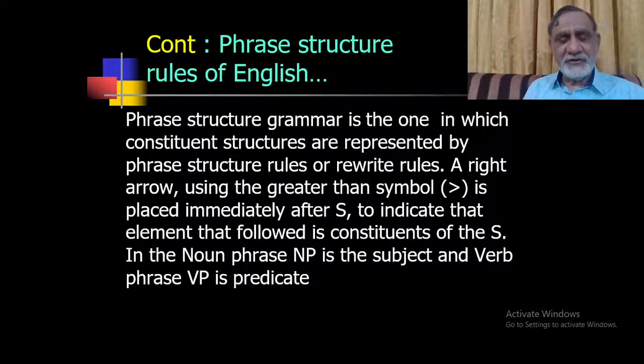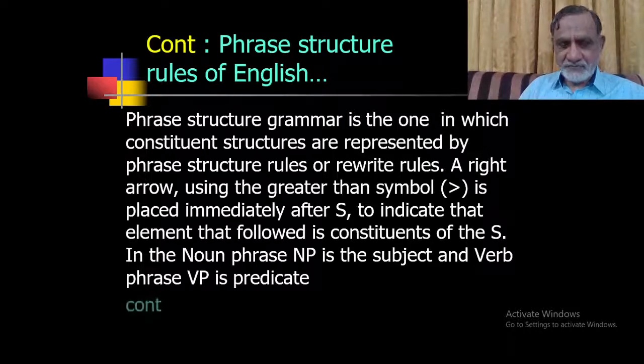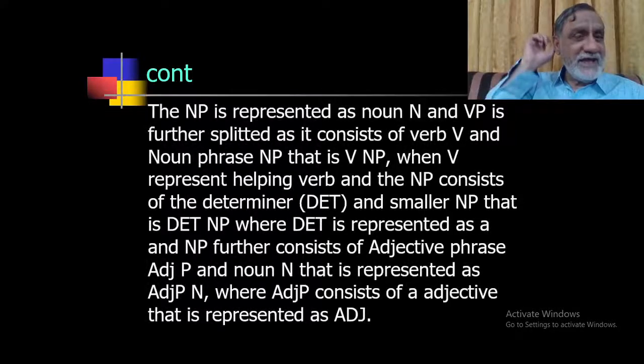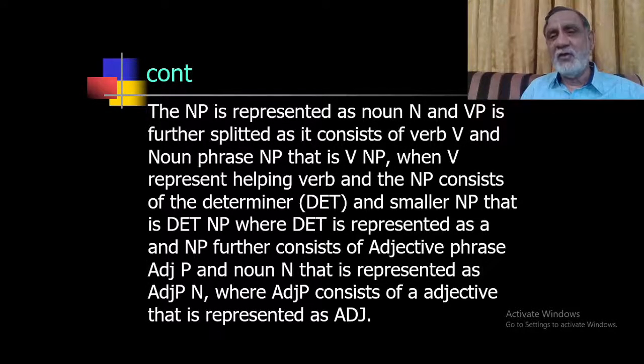The noun phrase, the short form of noun phrase is NP, is the subject, and the verb phrase is VP. The NP, that is noun phrase, is represented by noun, and VP is split further and consists of verb and noun phrase NP, that is V NP.